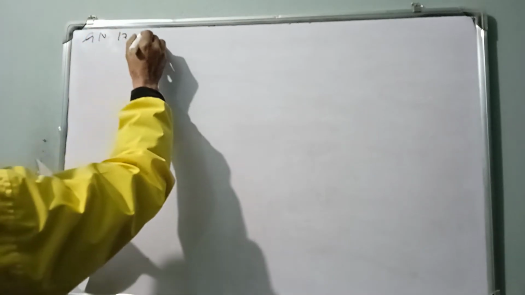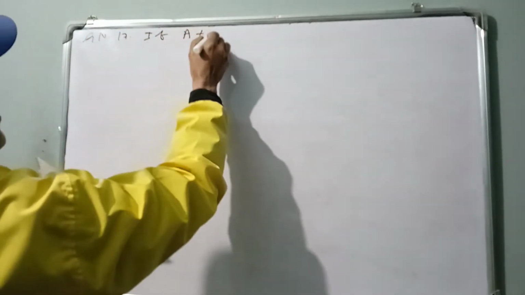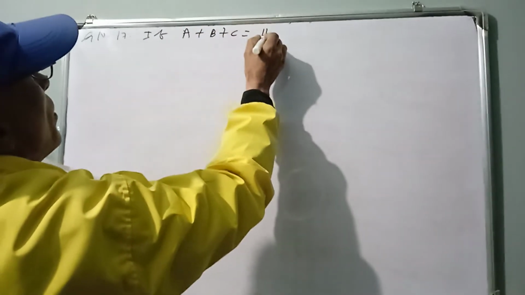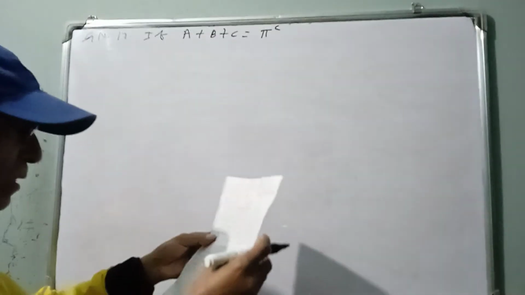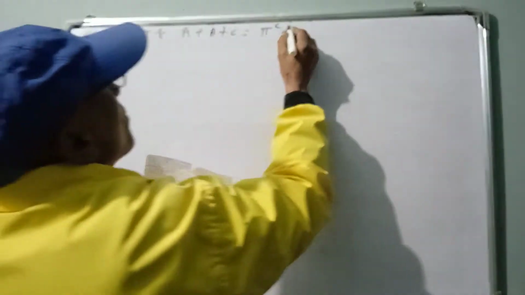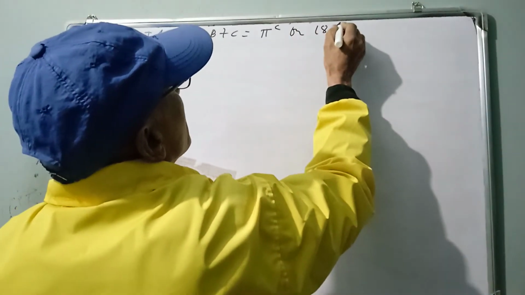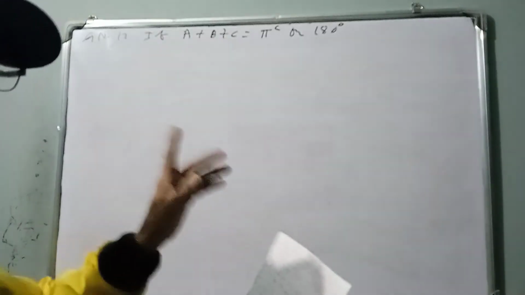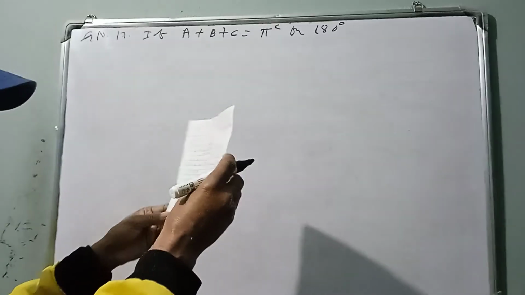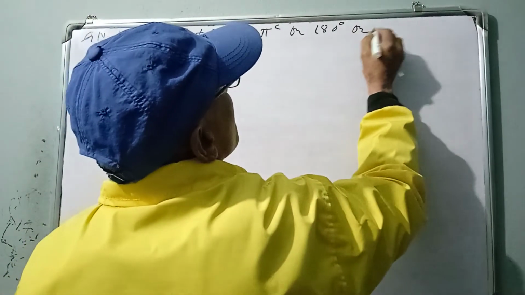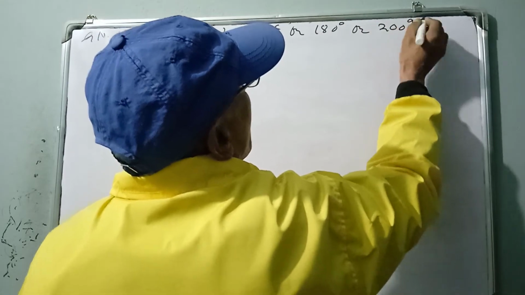Question number 17 now. Conditional question. If A plus B plus C equals pi radian, say 180 degree, sometimes 180 degree, sometimes pi radian, but sometimes 200 grade as well. Remember, as you learn in class 9, 8 and 9.